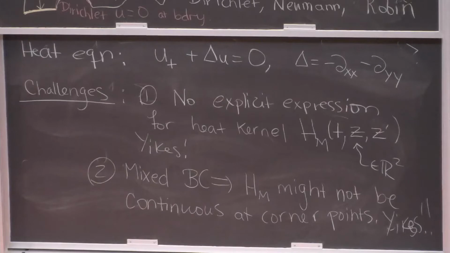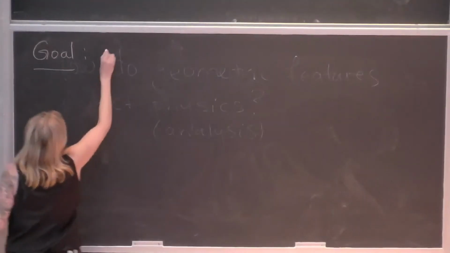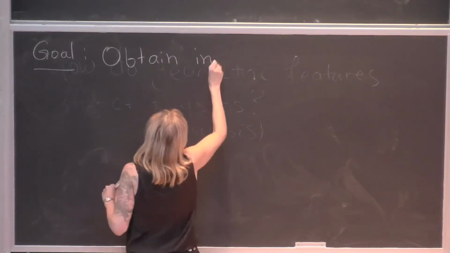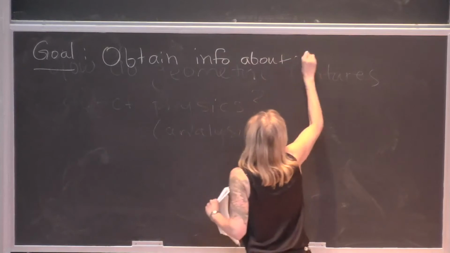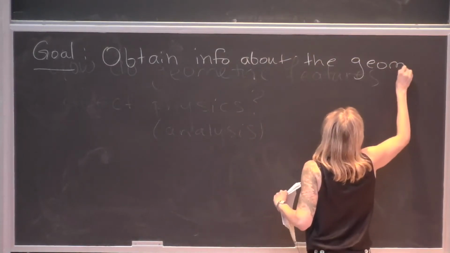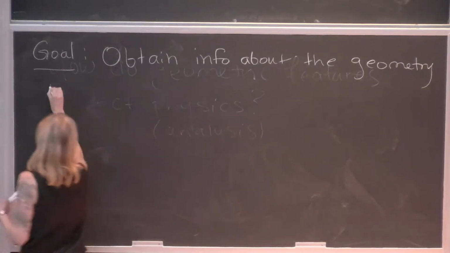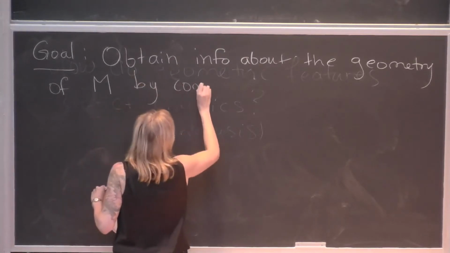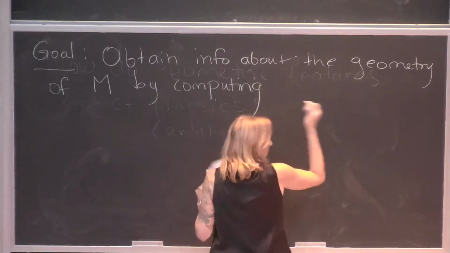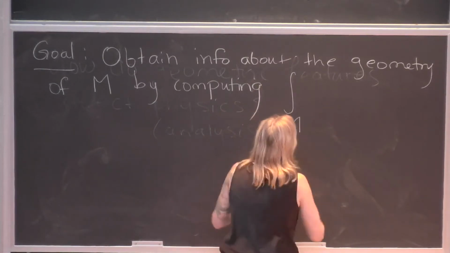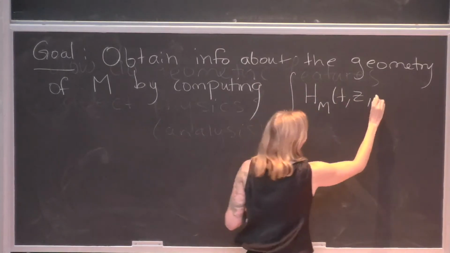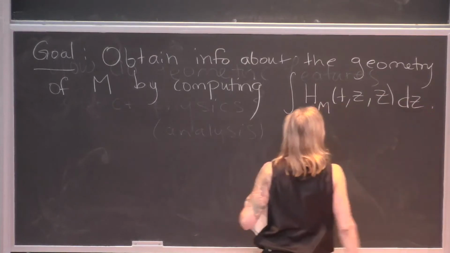All right, so our goal is nonetheless to obtain information about the geometry of M by computing somehow the heat trace, which here will look like we integrate over M our heat kernel, setting the two space variables equal.